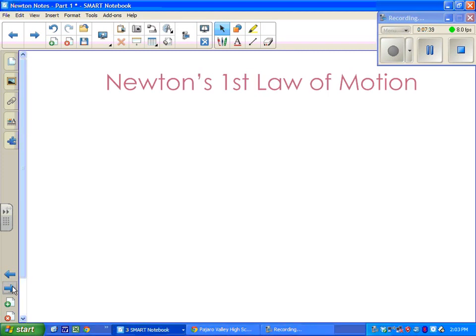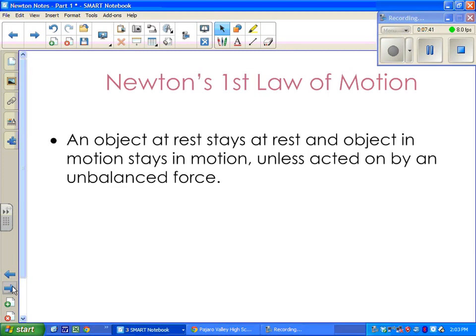Which takes us to Newton's first law, which basically talks about inertia. It says an object at rest stays at rest, and an object in motion stays in motion unless acted on by an unbalanced force. So if we have a book sitting on a table, the book will want to keep staying at rest until a force pushes it.